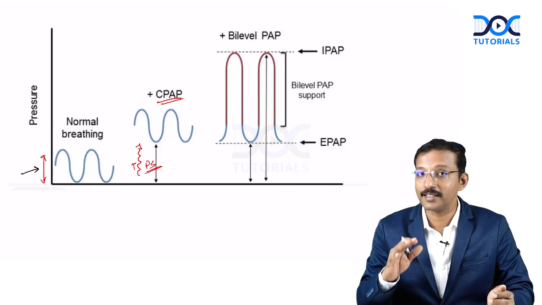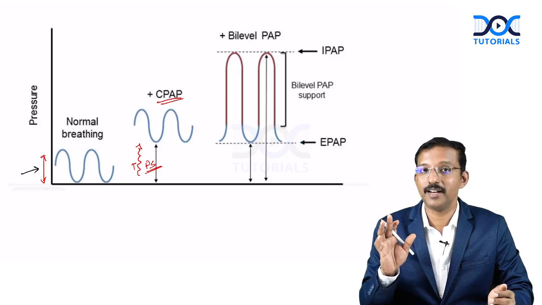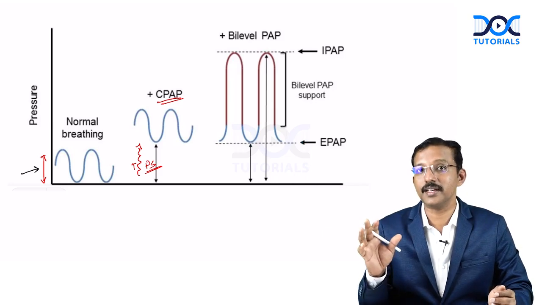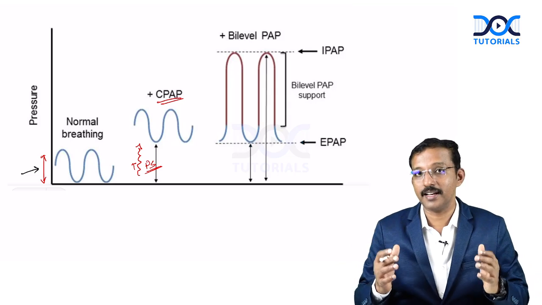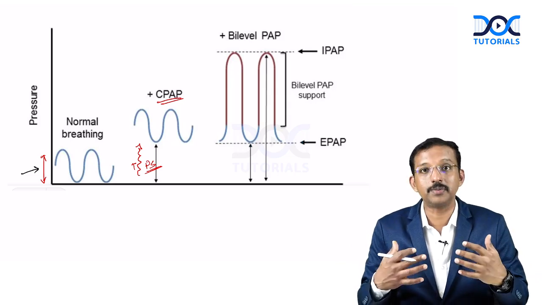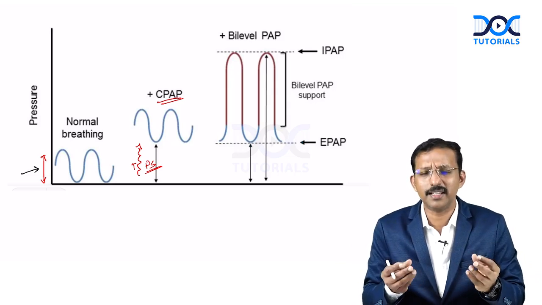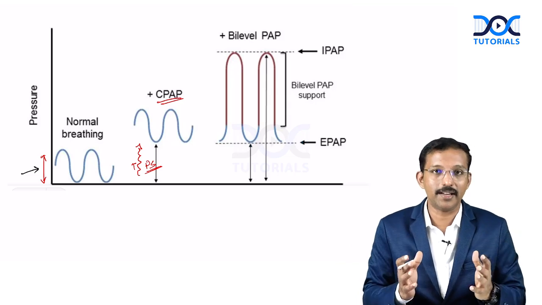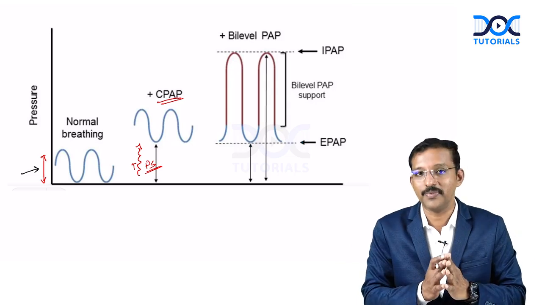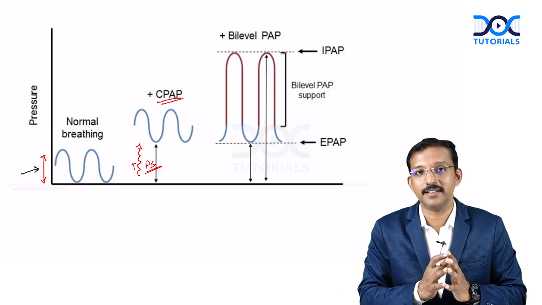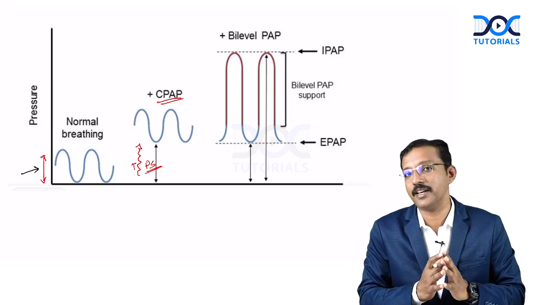The work of breathing has come down. This is to be provided for all cases where you think the work of breathing has to be taken care of, like a case of OSA, or those patients who need some amount of support, they can just trigger, and rest everything you have to take care of. So, in those cases, we can use CPAP, or whenever you are weaning the patient. CPAP is also one of the weaning modes.